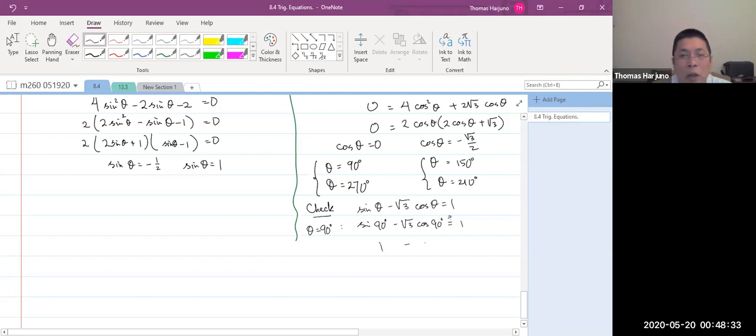This is 1 minus 0, that equals 1. Let's check. How about 270 degrees? Sine 270 degrees minus radical 3 cosine 270 degrees. Does it equal 1? This is negative 1 minus 0. Does it equal 1? No, it's not.